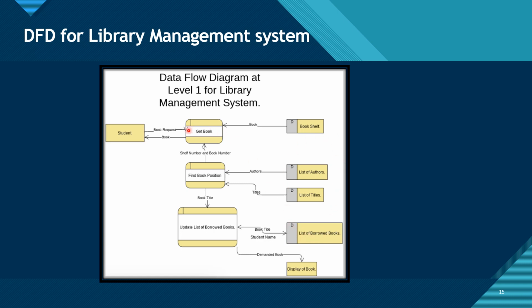And these get book, find book position, update list of books are representing the processes or the functions that a system has to perform. So this was an example of a data flow diagram which is representing a library management system.